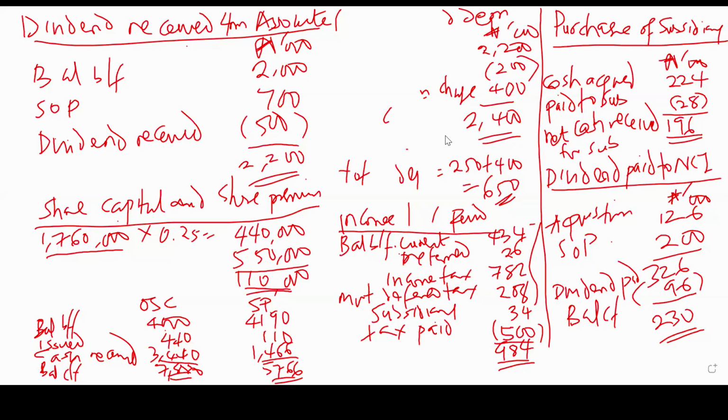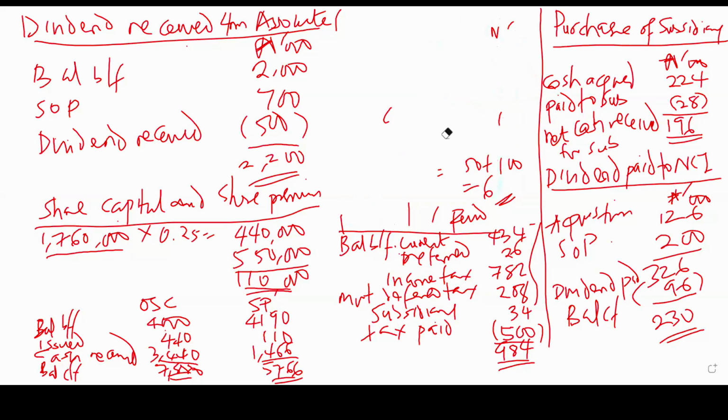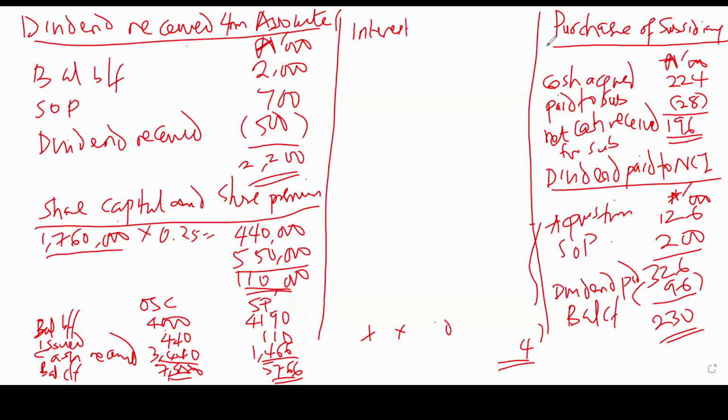So let's look at it. What I will say is this. Accrued interest payable balance brought forward was 60.